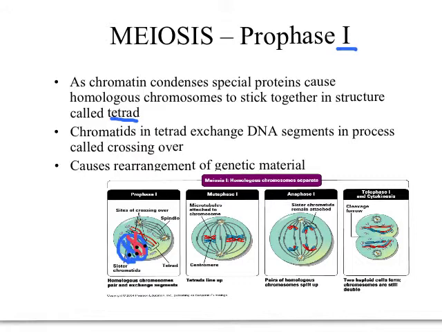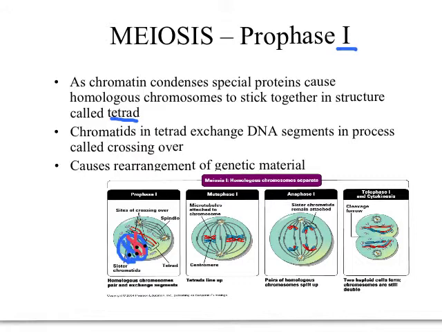Now in this arrangement, what can happen is that we can get what's called crossing over, in which the different sister chromatids within the homologous chromosomes are going to cross over each other and exchange genetic material. So it's like they twist and break off, and that genetic material is now on the different sister chromatids.